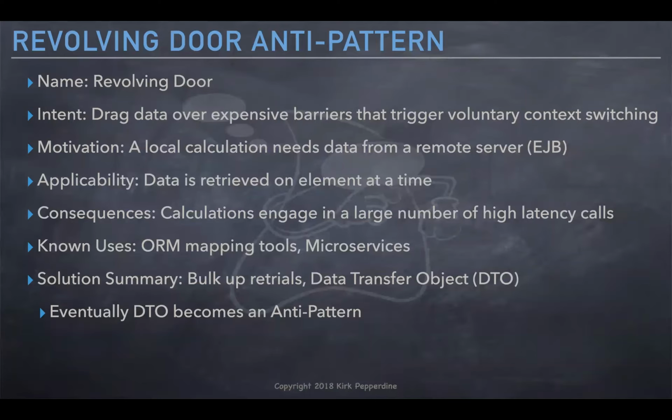I guess one of the reasons why we're seeing them occur more frequently is because more and more people are moving to microservices style architectures, maybe without fully understanding the impact of some of their design choices on the underlying hardware.